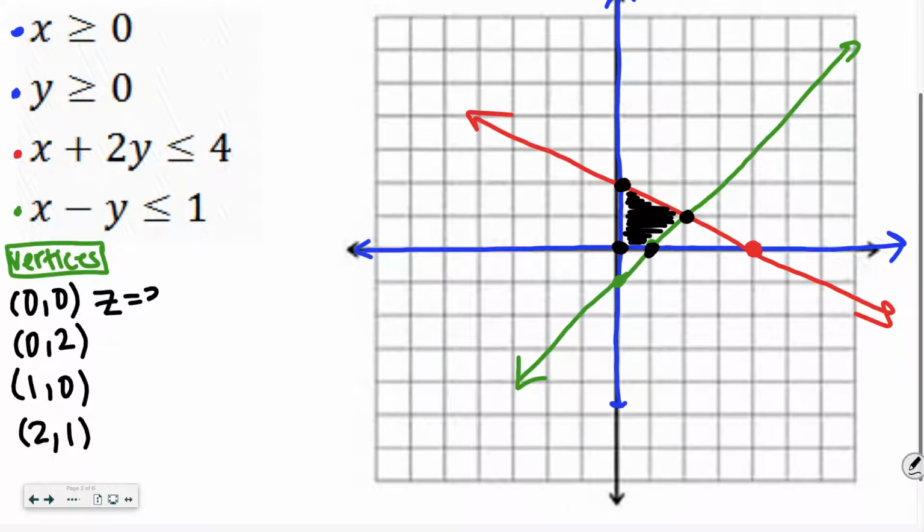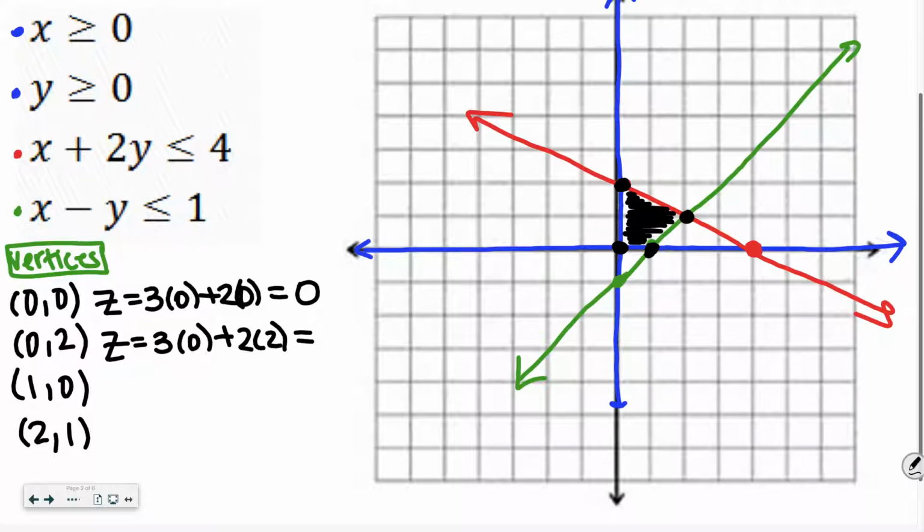Z equals 0 for that coordinate. When we plug in the coordinate 0, 2, our z value is 4.